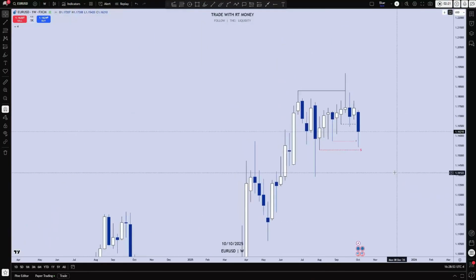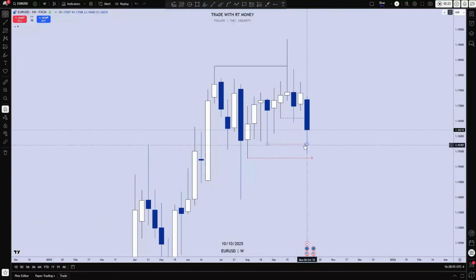Remember that we're on a weekly now, and we want to see how last week closed. We closed bearish. We closed very bearish relative to the previous weekly closes. That is a bearish move. We have a bearish close here, and I want you to see this.